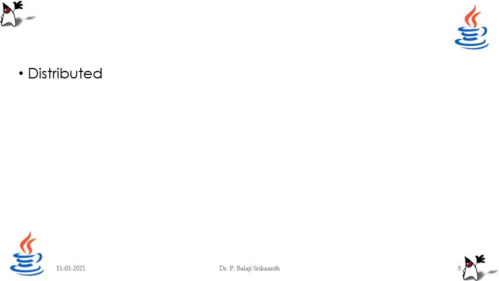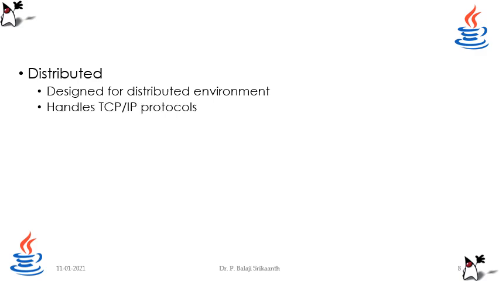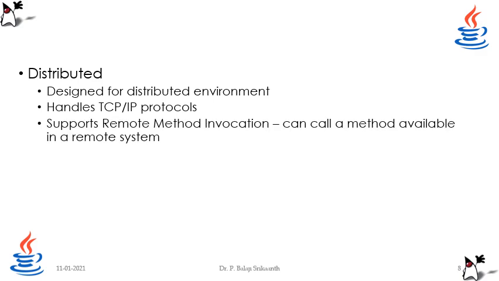Java programs are distributed. Java is designed to be executed in a distributed environment. It can handle TCP/IP protocols. Java programs support remote method invocation. What is remote method invocation? That is, a program running in the local system can make a call to a method which is available in a remote system.